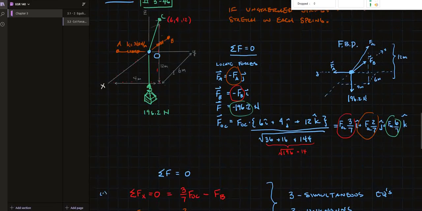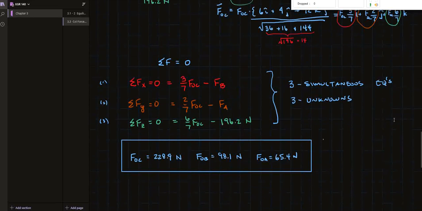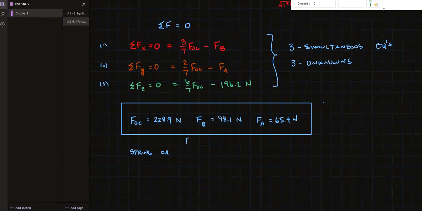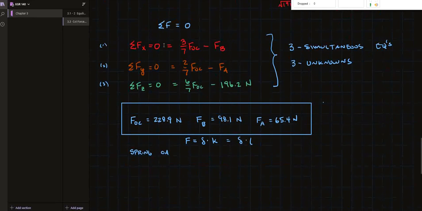So how much is each spring elongated? And really, I'm just calling these B and A. So for each of these springs, we have force equals some delta times k, where our k value is constant, 360 newtons per meter.